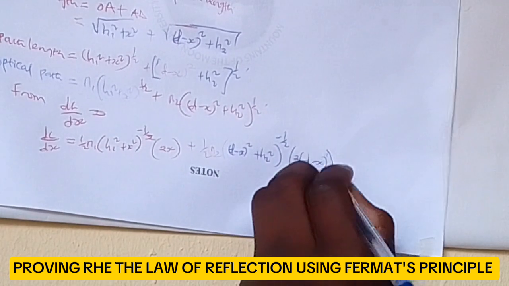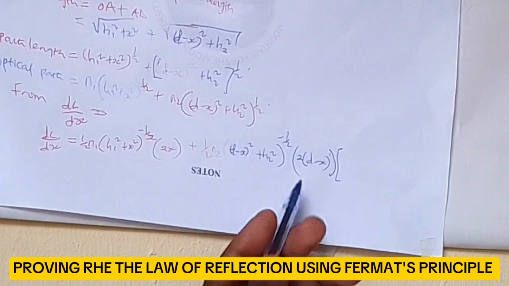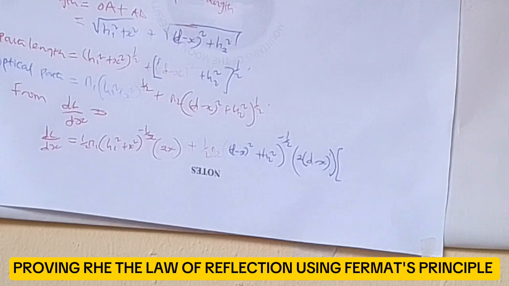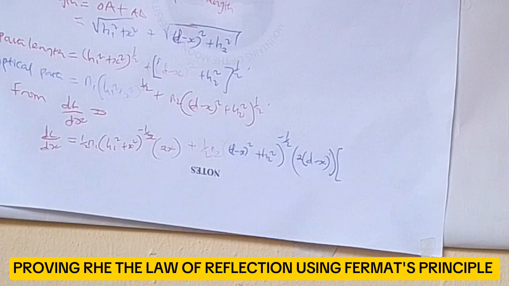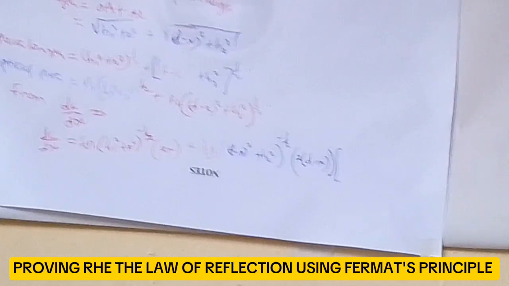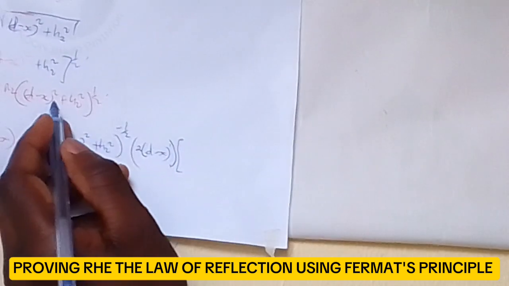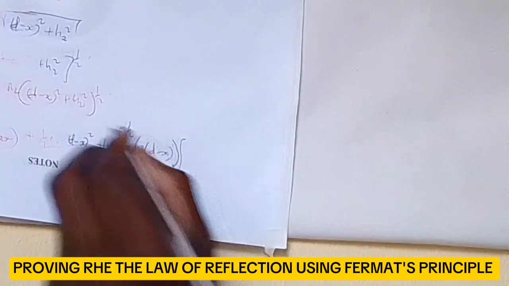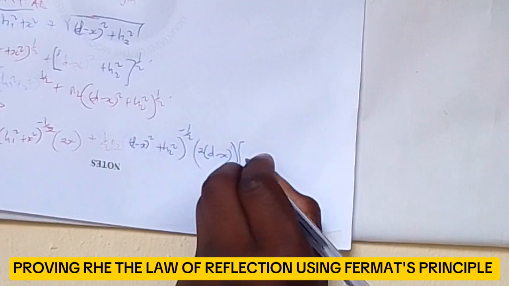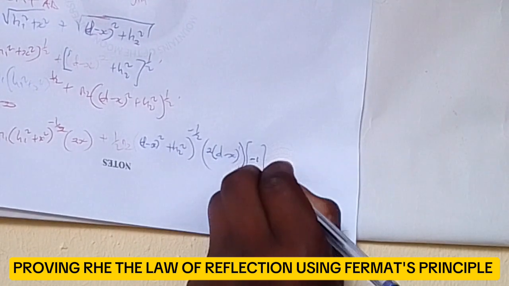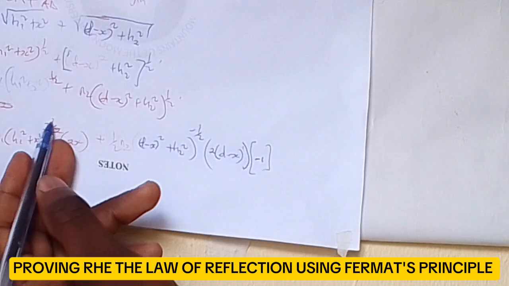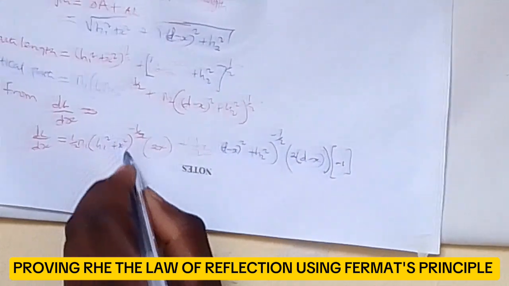Then after that, we differentiate what is inside with respect to x. When you get the derivative of d minus x with respect to x, of course we shall get negative 1. So from there, I can drop this power negative half and I put this expression down.